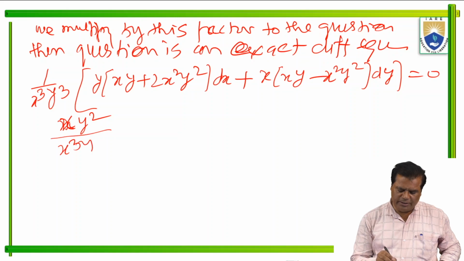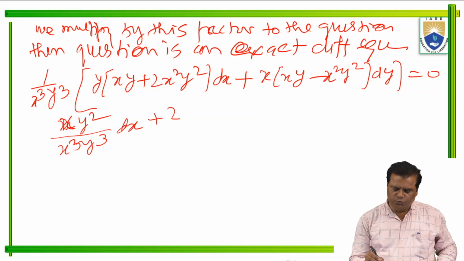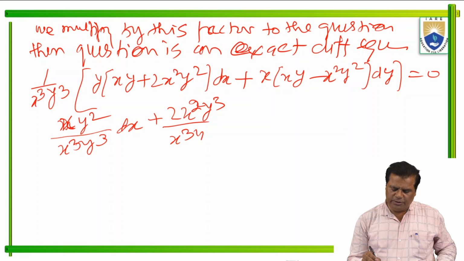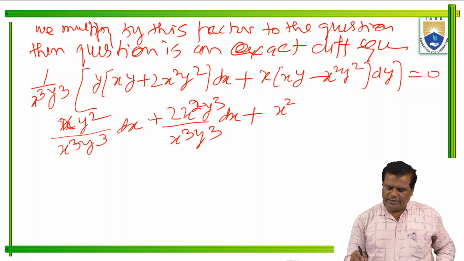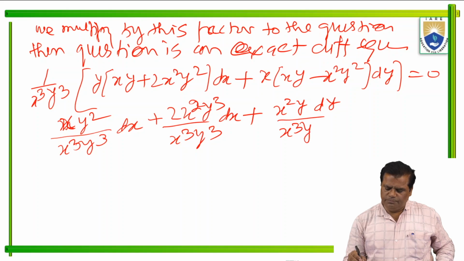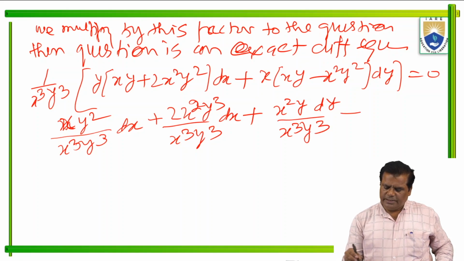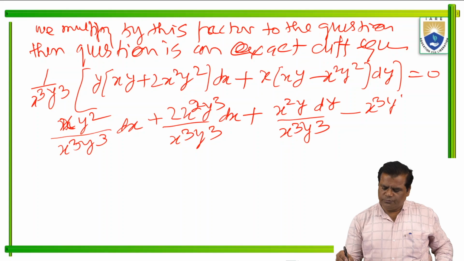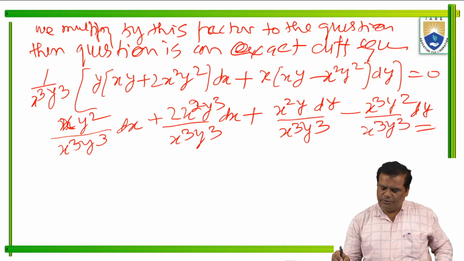So here xy square upon x cube y cube dx, plus 2x square y cube upon x cube y cube dx, plus x square y dy upon x cube y cube, minus x cube y square upon x cube y cube into dy equal to 0.